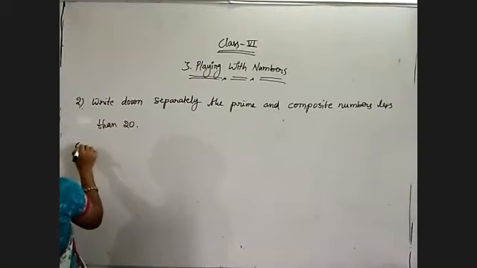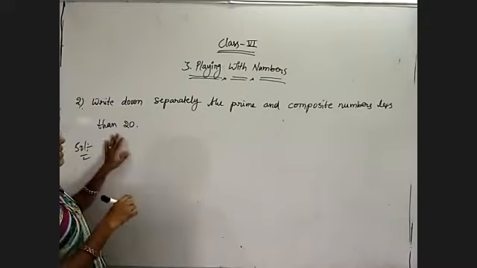So write the prime and composite numbers separately less than 20 as.